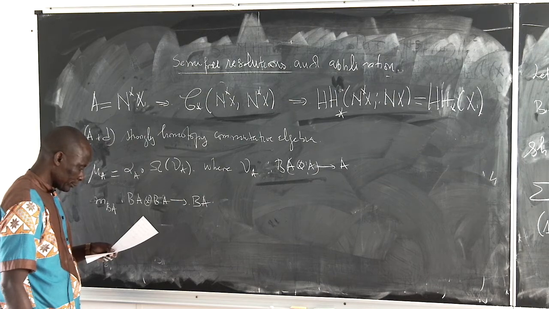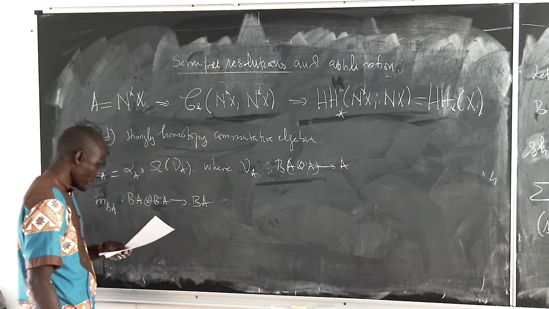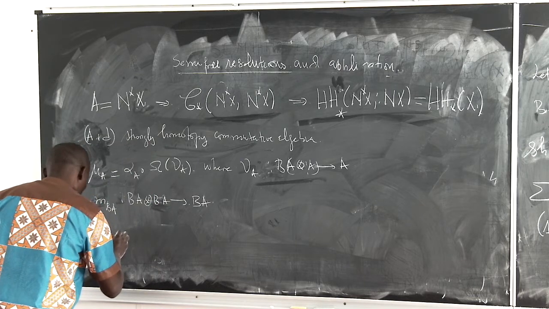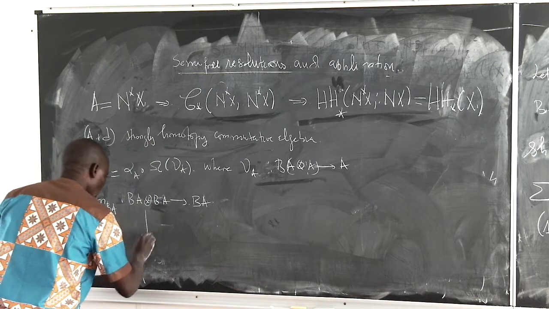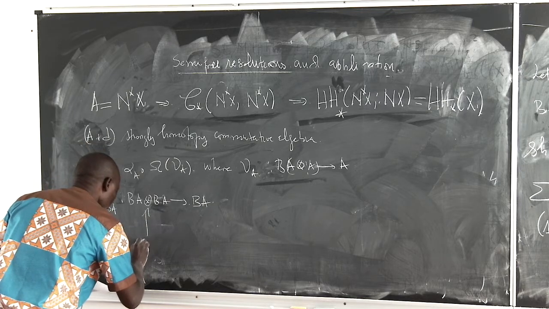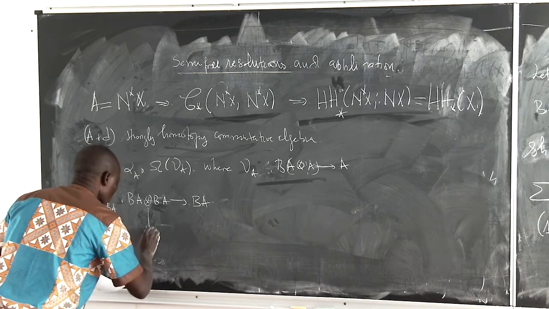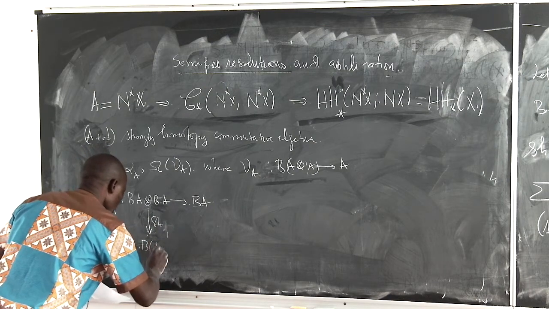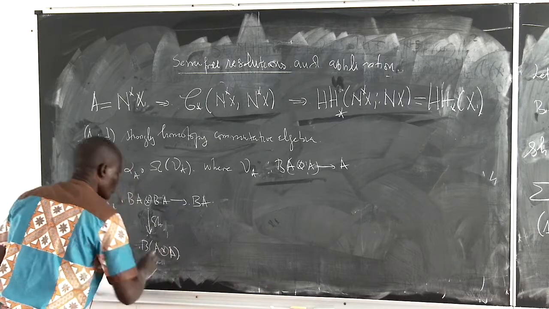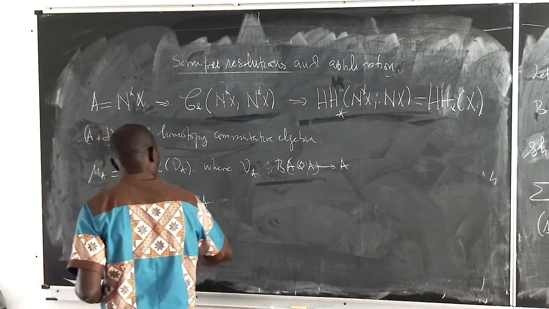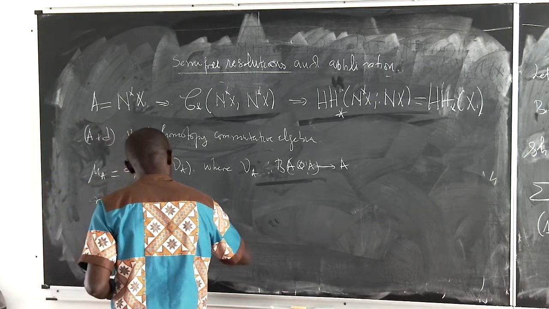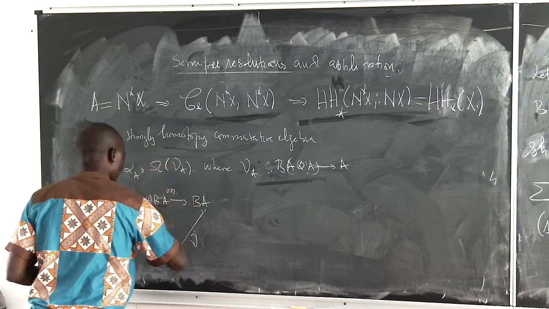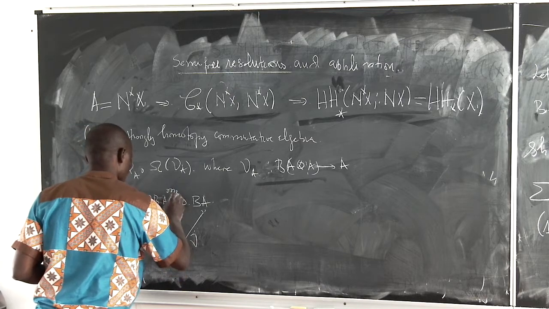So from the fact that, and from this we have this map, have here SH, the shuffle map. Our nu is here.